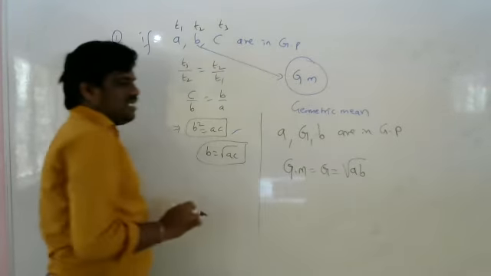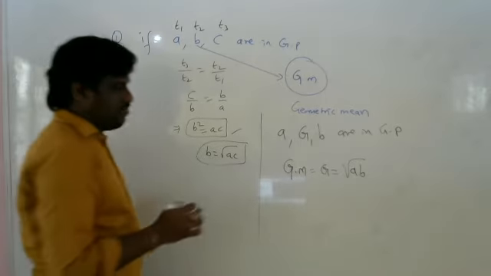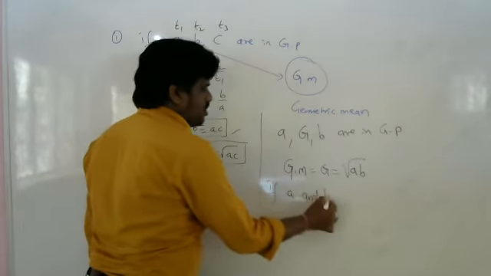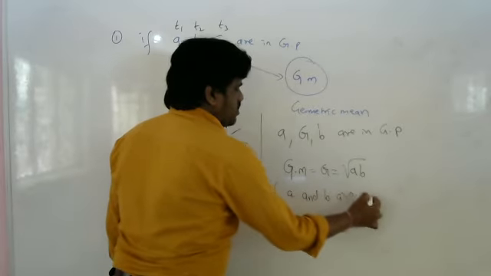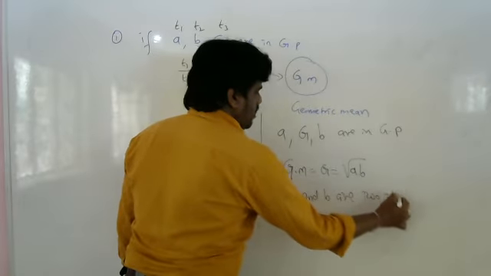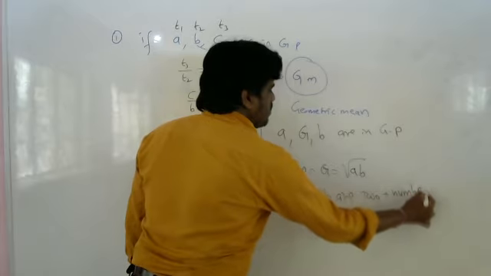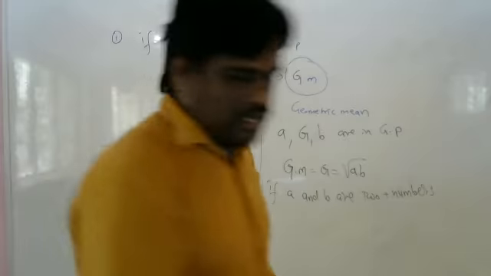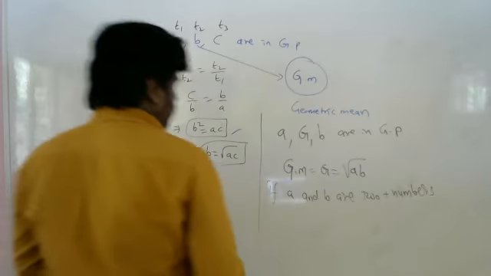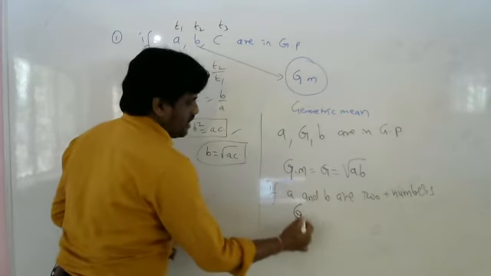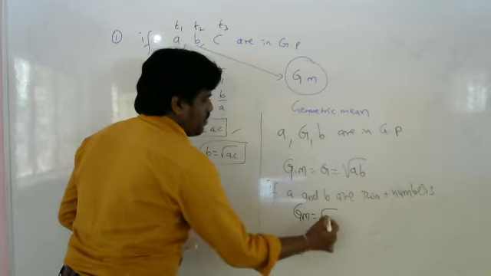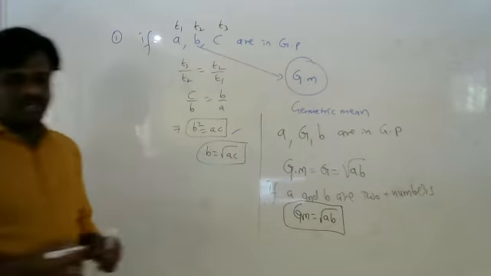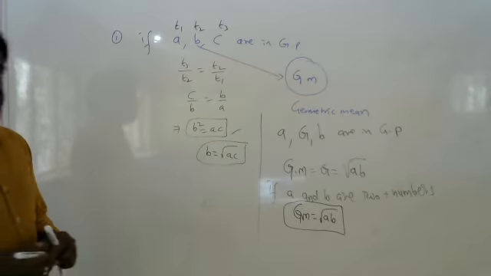If A and B are two positive numbers, then their GM is equal to the formula root AB. GM is represented by G. If A and B are two numbers, then their GM is equal to root AB.